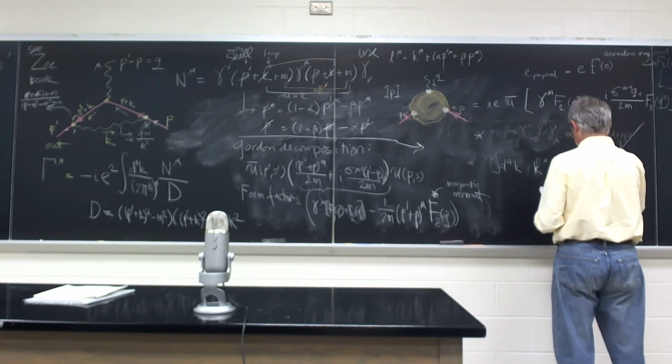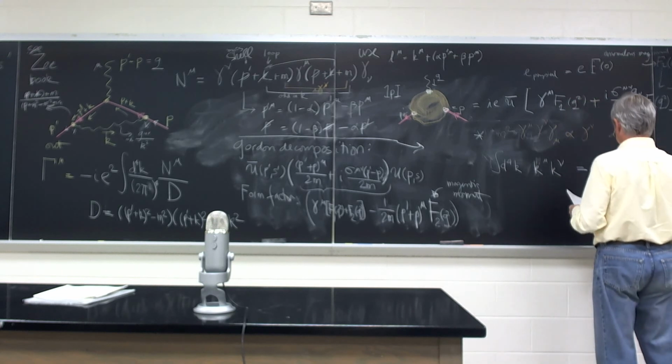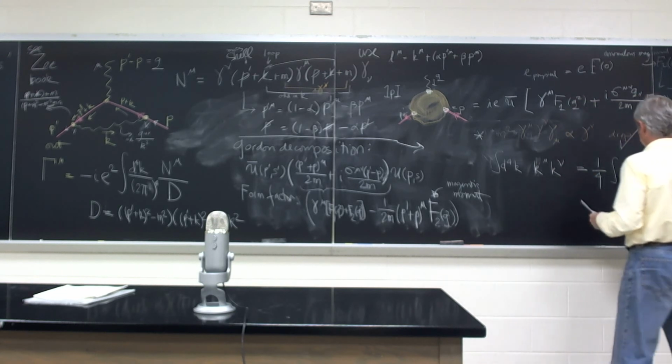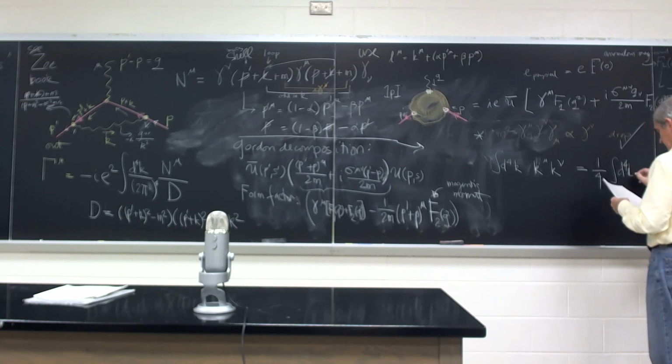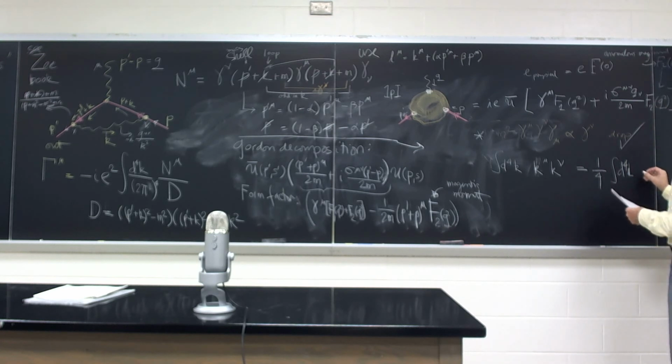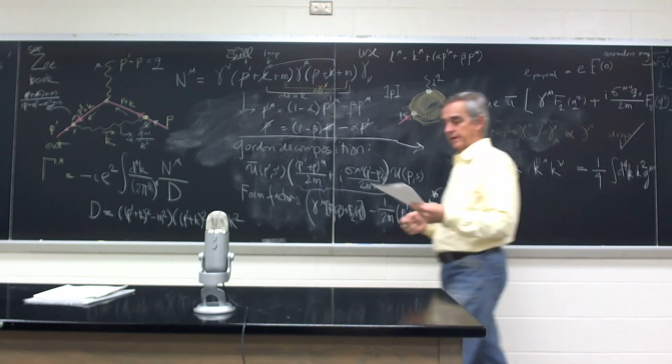And you can easily show that this is 1/4 integral of d4k k squared g mu nu. That's the only symmetric tensor we have available.